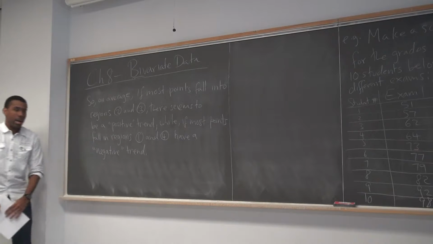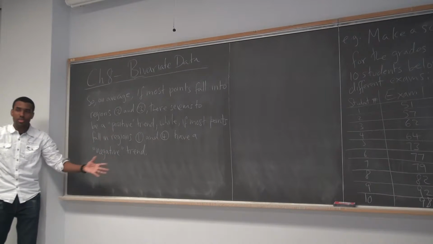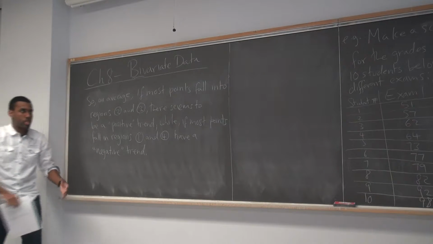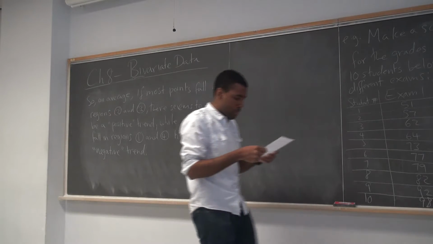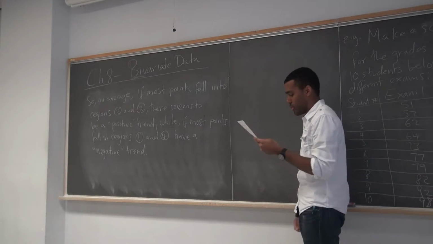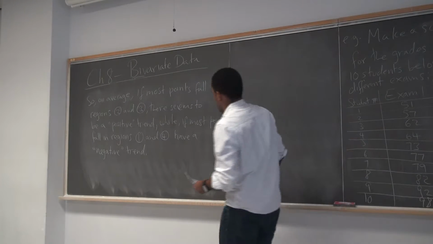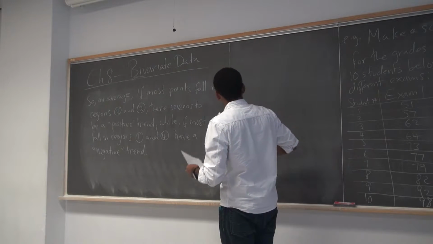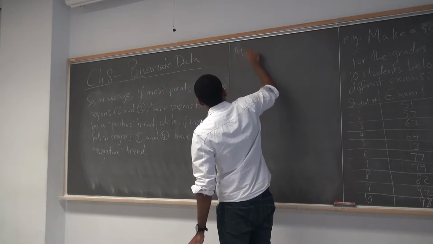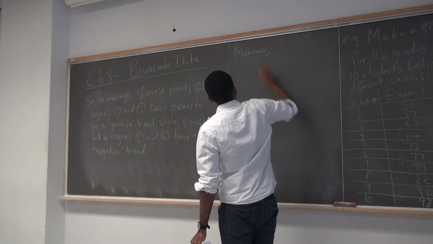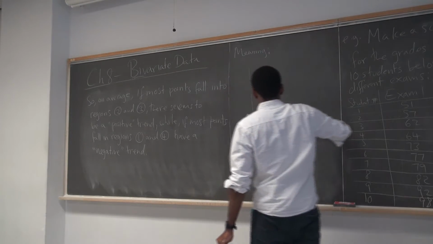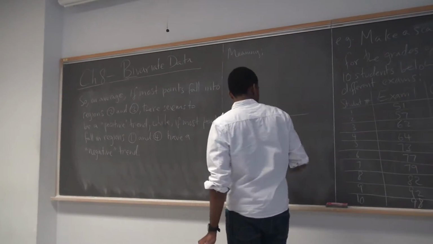Now, as of this point, positive trend and negative trend are really vague terms. We're going to make it precise. We're math people, so we have to be super precise when we say this. So, what does it mean? I drew 2 examples.